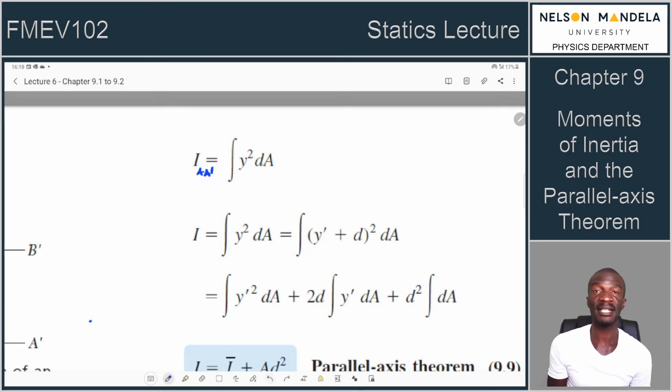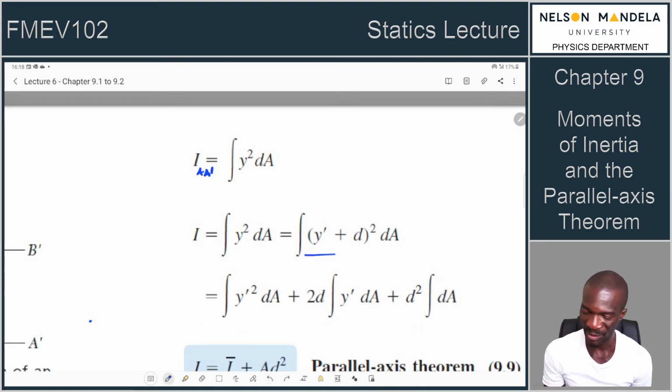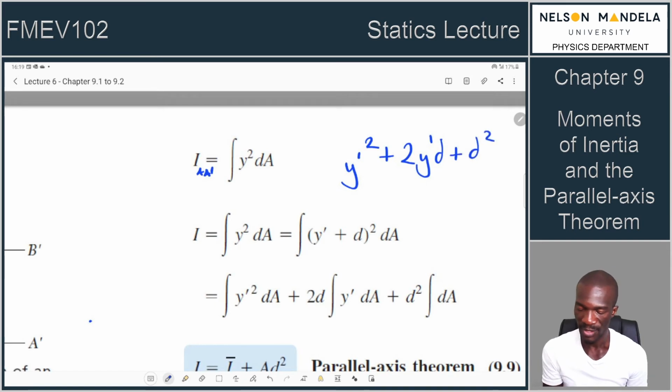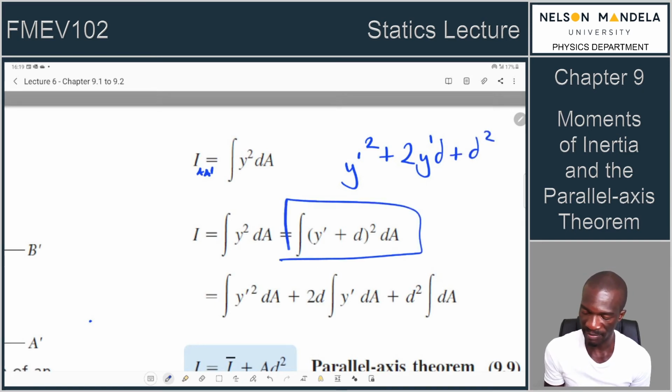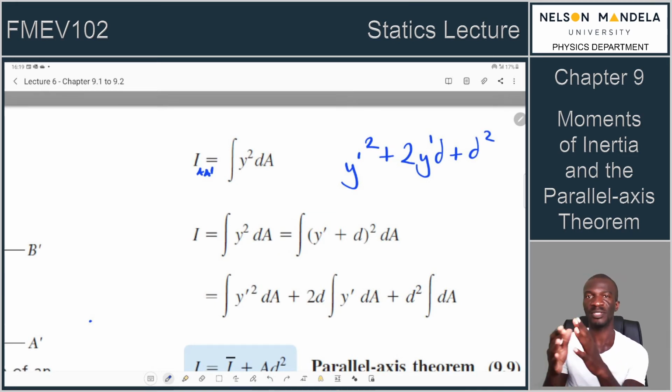Then we can freely expand our integral because we know this is a summing process. If we expand this bracket, we will have y prime squared plus 2y prime d plus d squared.